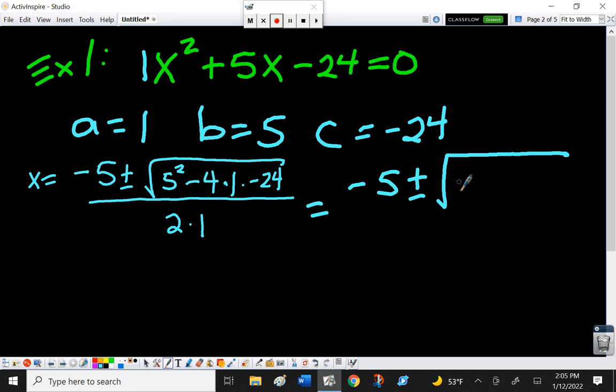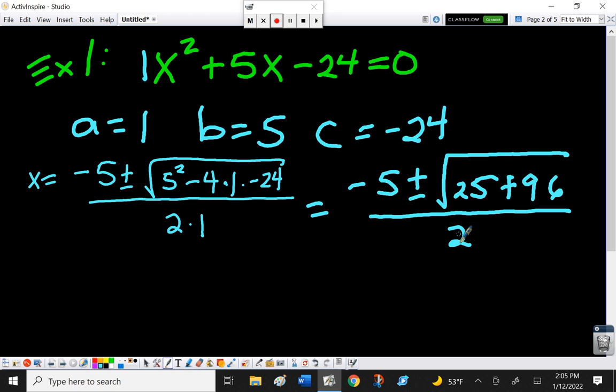Well, 5 squared is 25. And then I'm going to multiply negative 4 times 1 times negative 24. This is going to come out to positive 96. And all of this is going to be over 2 times 1, which is just 2.